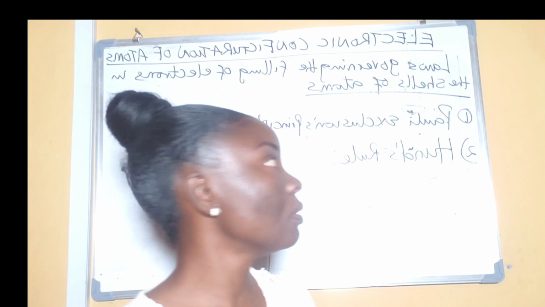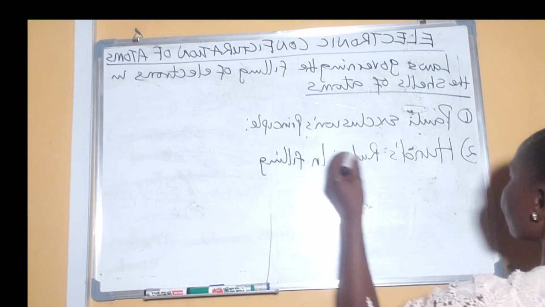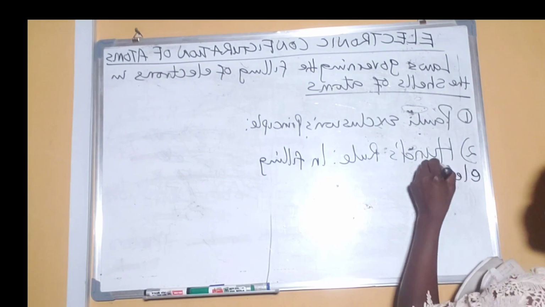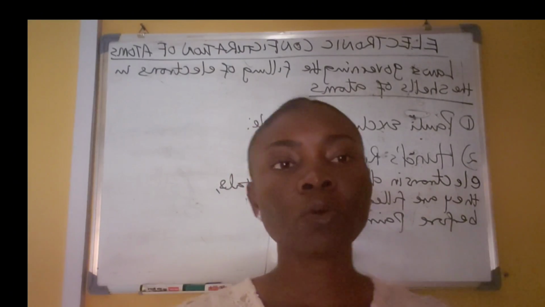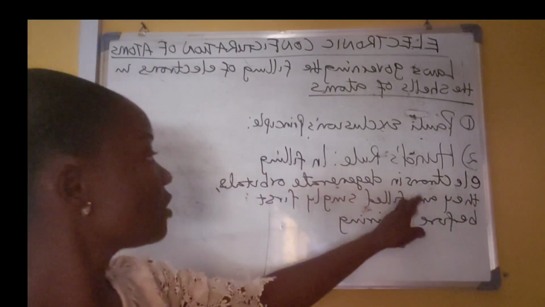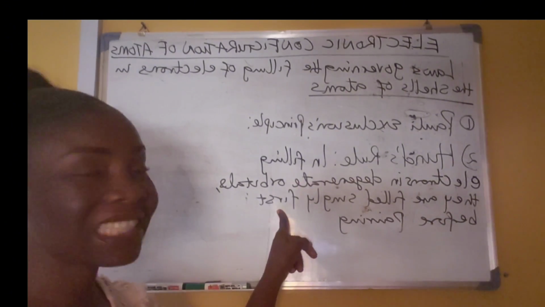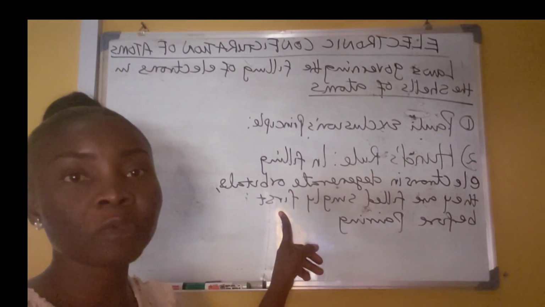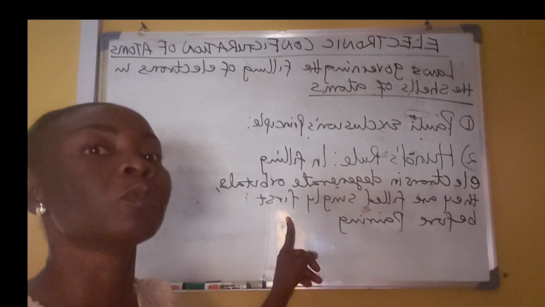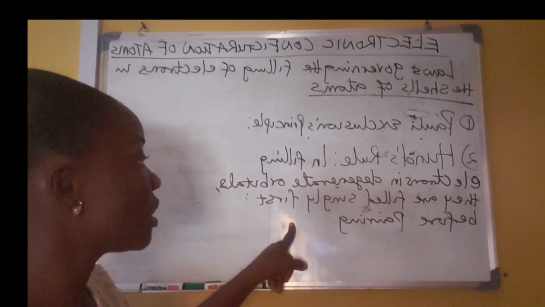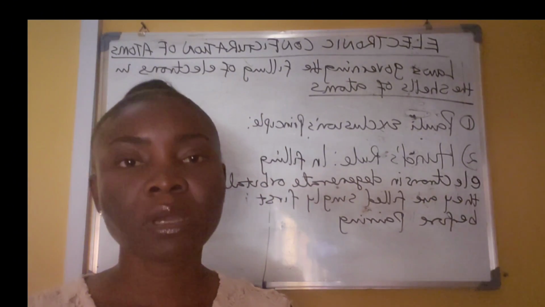So in filling electrons in degenerate orbitals, they are filled singly first before pairing. Then the last law or rule is Aufbau's principle.